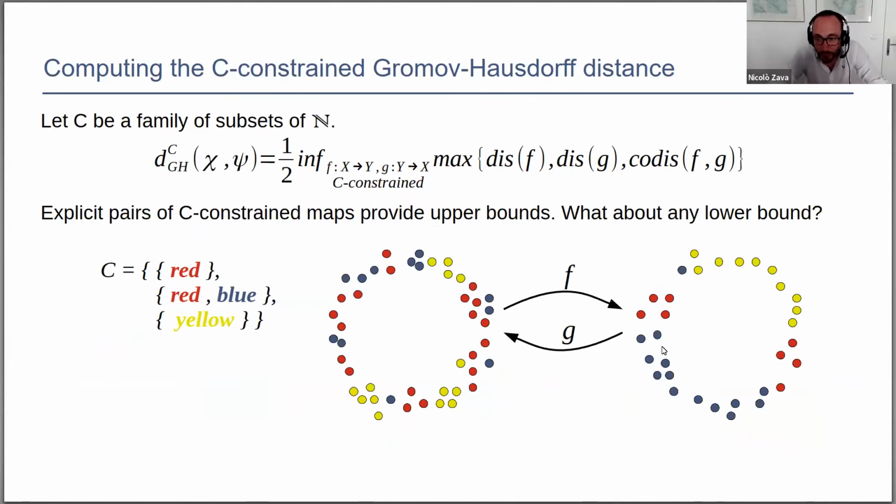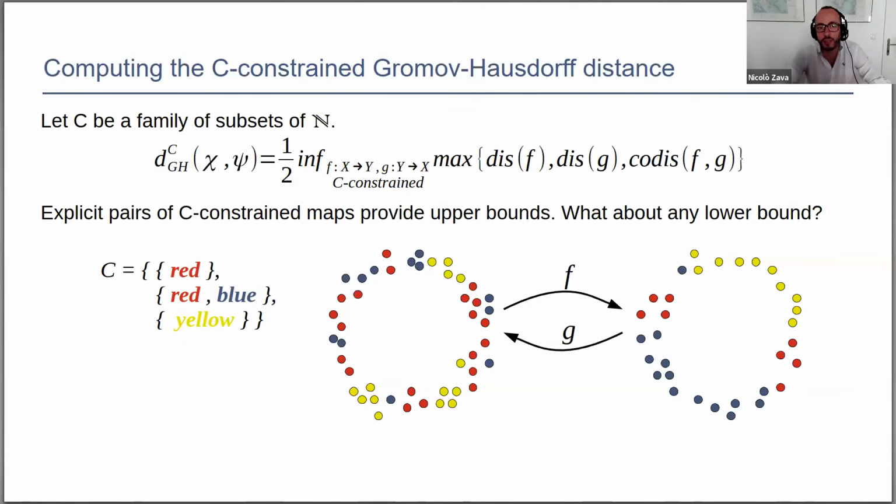Can we actually compute something? Well, we already know that for the Gromov-Hausdorff distance, that's a big no, if you think about computing as in, let's feed these shapes to a program and let it run and it will give me an answer. But we can say something.